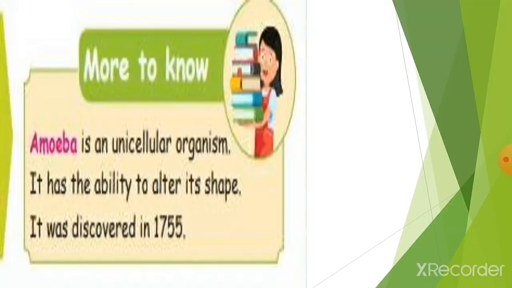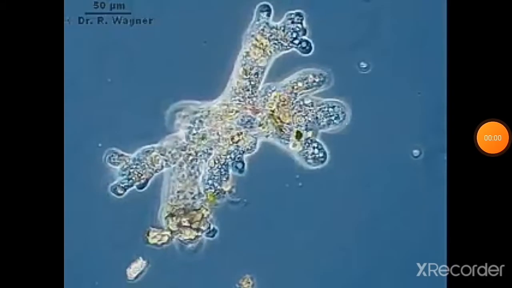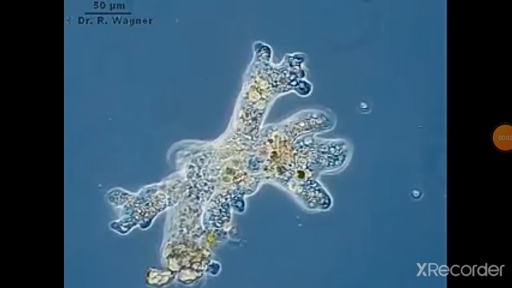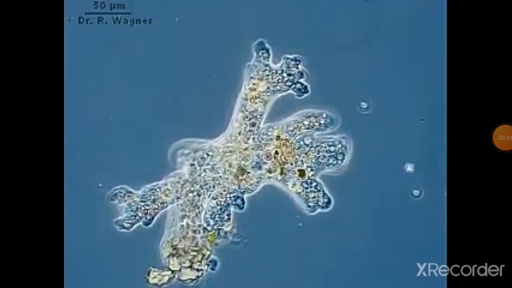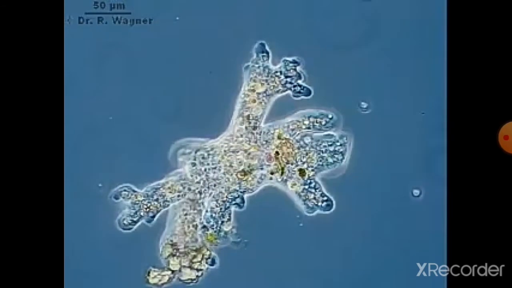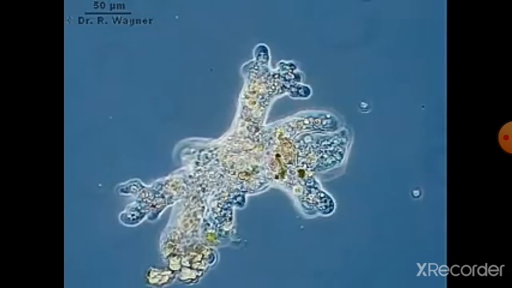Amoeba. It is also a microorganism. Amoeba is a unicellular organism. It has the ability to alter its shape. It was discovered in 1755. So this is the picture of an amoeba. It is a microorganism which is present in the water.